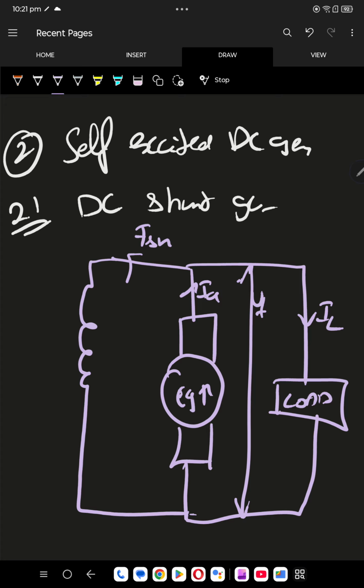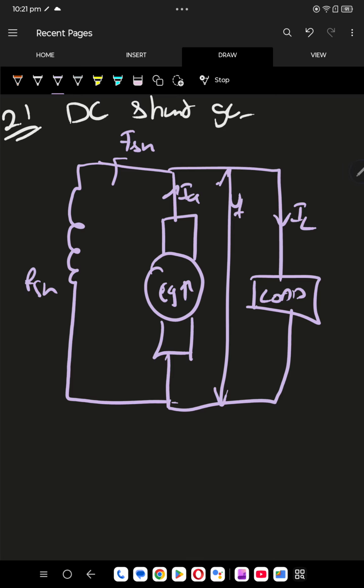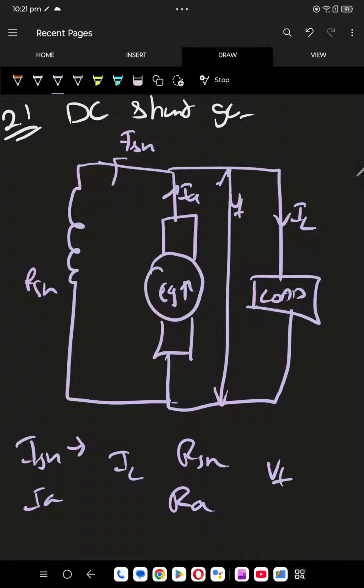This is RSH also, and this is EG, IA, VT. ISH is the shunt field coil current. Before it was only field coil current, now it is shunt field coil current. IA armature current, IL load current, RSH shunt field coil resistance, RA armature coil resistance, VT terminal voltage. Done. EG is the EMF generated across the armature.